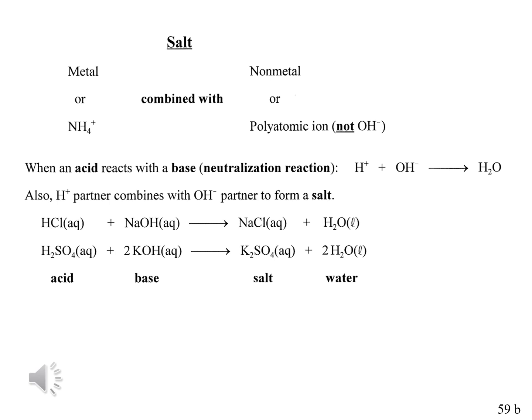A salt is probably over 90% of what we deal with in 132, because basically a salt is any ionic compound. There's only one restriction. The second ion cannot be OH, because if the second ion is OH, then a metal plus OH is a base. But any other ionic compound is considered to be a salt.